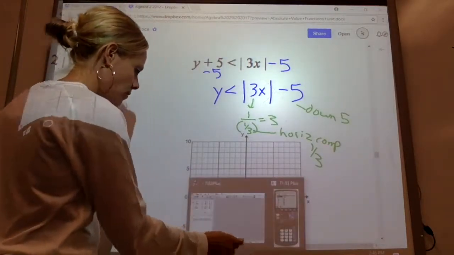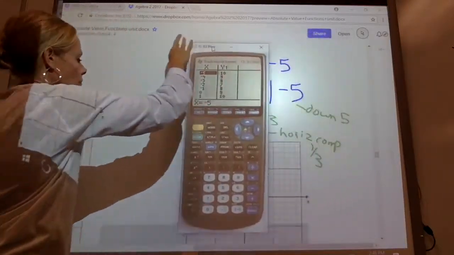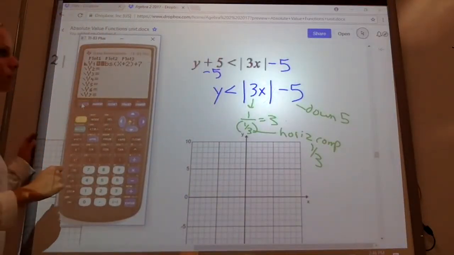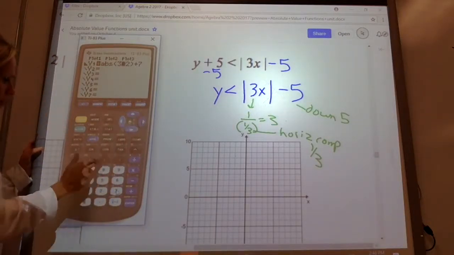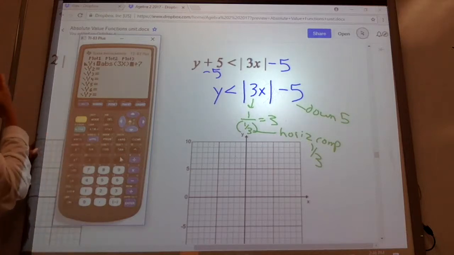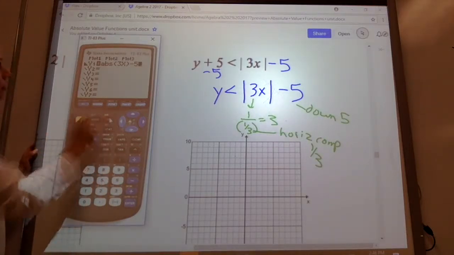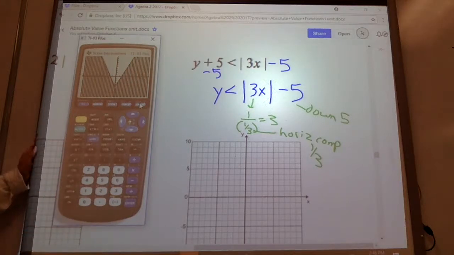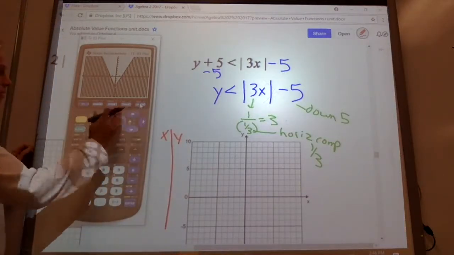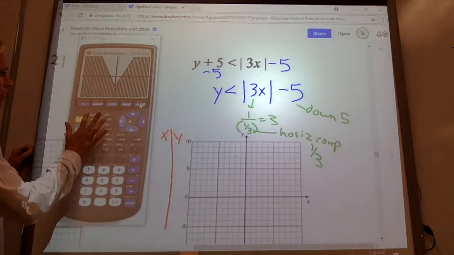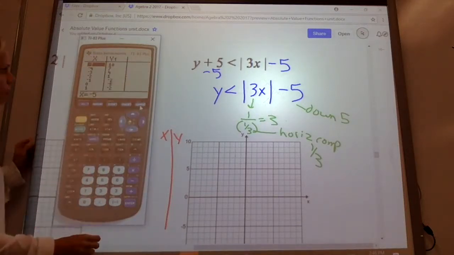So where's my graphing calculator here? So y equals less than, I'm going to keep that, absolute value 3x, close my parenthesis, subtract 5, graph. And there it is, but I do remember on this one it has to be a dashed line, right? It's got to be dashed. So find some points. So what are some good points?